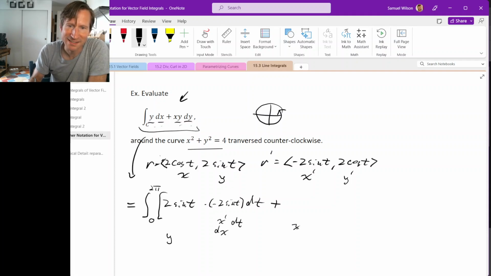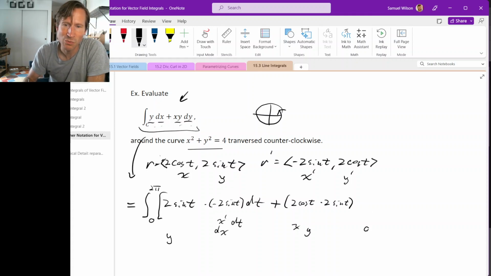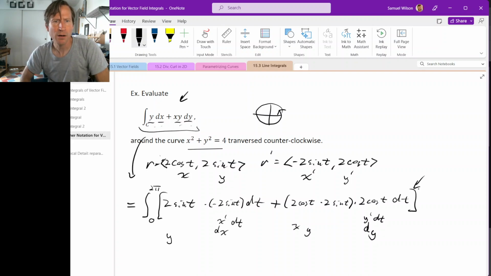Plus, now we need x times y, so that's 2 cosine t times 2 sine t, times dy, and remember dy is y prime dt, so times 2 cosine t dt. So there's the parameterized integral that we get. Let's not actually calculate this. As usual, once we've parameterized the integral, it turns into a single variable integral. So I'll let you work out what this integral turns into if you're curious.